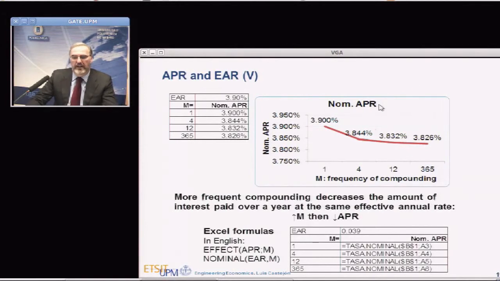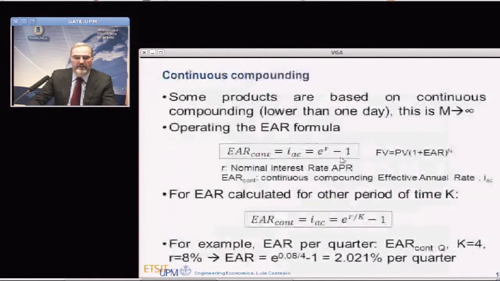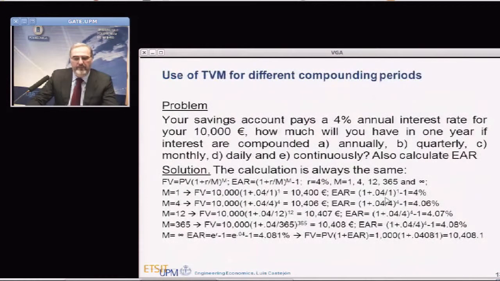And some products use continuous compounding. In this case, M is equal to infinite. And then, okay, so you have here the formula, don't worry about that, it's here.